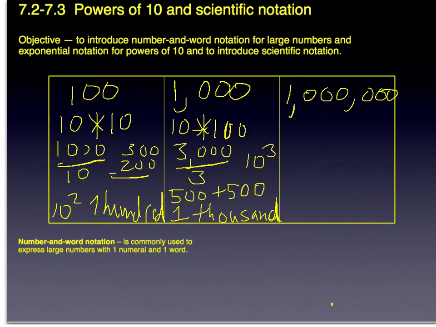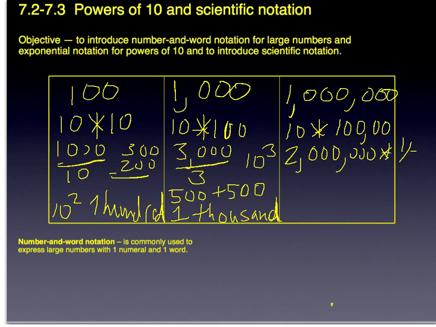Okay, last but not least, 1,000,000. 10 times 100,000 would be one way to do it. 2,000,000 times 1/2, and I apologize for going over the box. 2,000,000 times 1/2 is the same thing as 2,000,000 divided by 2.